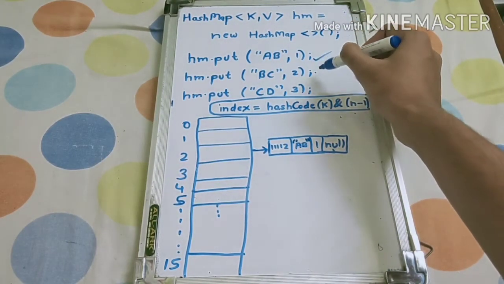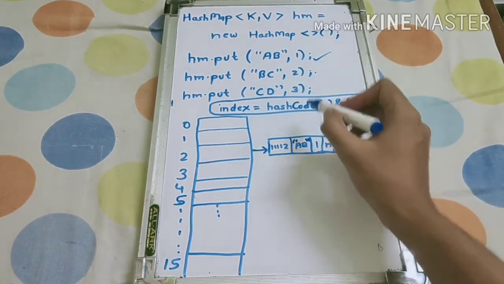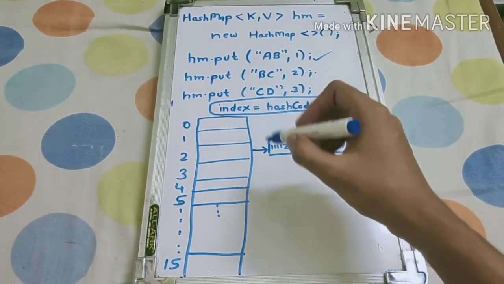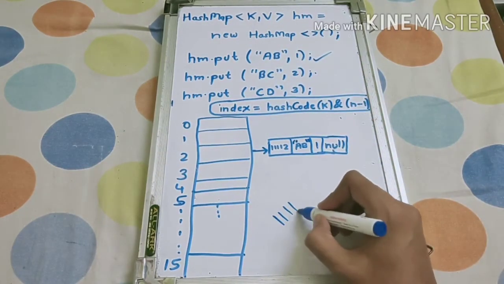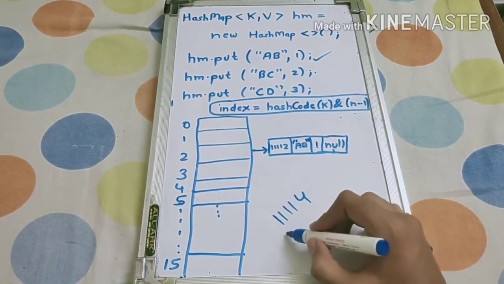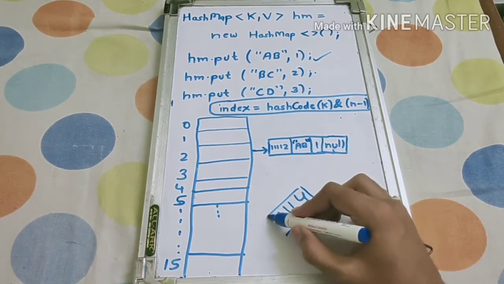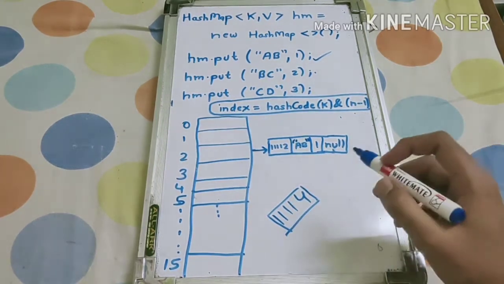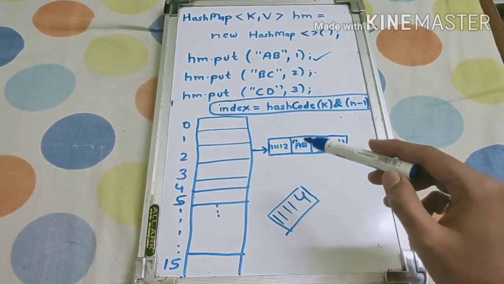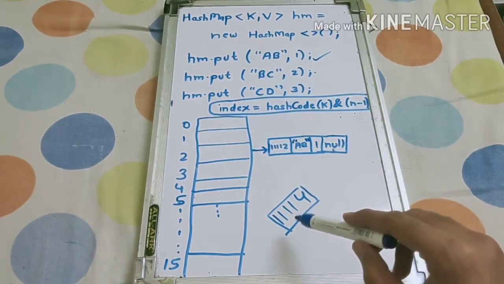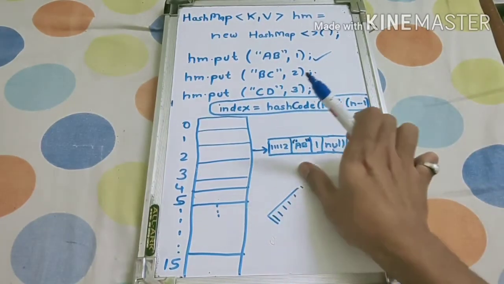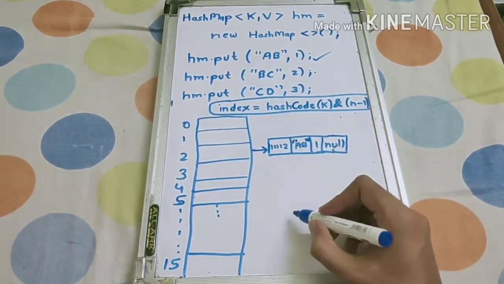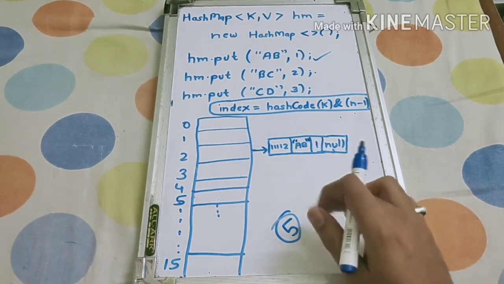Now we have to put the second element, BC. We do the same cycle. Let's assume we get the hash code of BC as 1114, just for example, it will obviously give some other value. Again we calculate the index, and let's assume this time it returns index value 5.